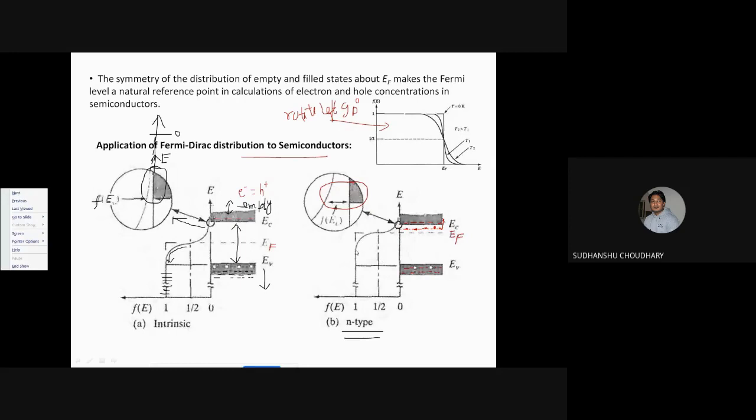Similarly, if I talk about holes, the probability of finding holes is almost 0 near the edge of the valence band, because Fe has become maybe 1 here itself. So 1 minus Fe has become 0 here itself. So that means I should not find any hole in the valence band for an n-type semiconductor, okay? Because 1 minus Fe is 0.